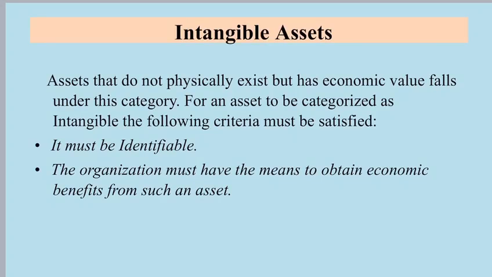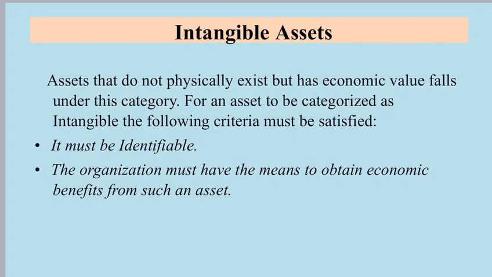You own this goodwill, you can identify it, quantify it and record it in your balance sheet also, and it has the capacity to generate revenue and income for the firm. So, it falls under the definition of assets, but you cannot touch the goodwill. So, such assets are termed as intangible assets.